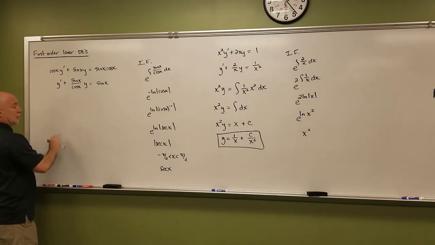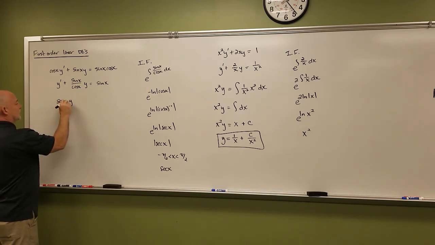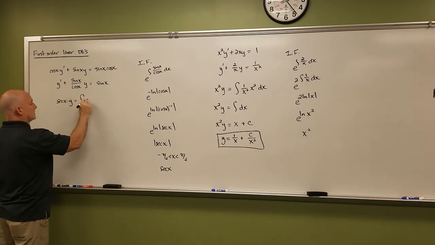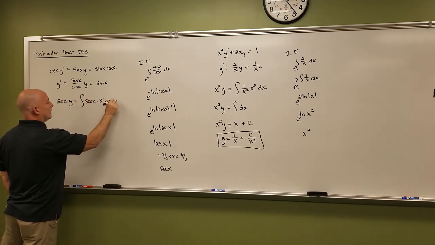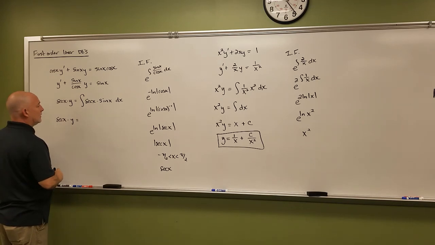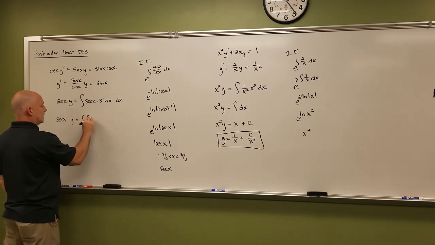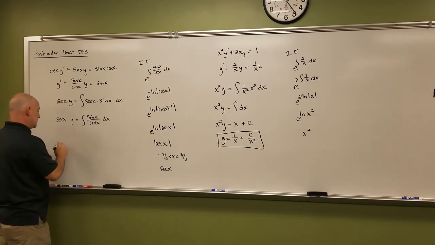All right, so what are we going to end up with on the left-hand side? Well, on the left-hand side, you always get the integrating factor times the dependent variable. On the right-hand side, you're going to have to multiply and integrate. I get secant y is equal to, well, to write this it would probably be easier to write this as the sine x over the cosine of x, which we just did a second ago.